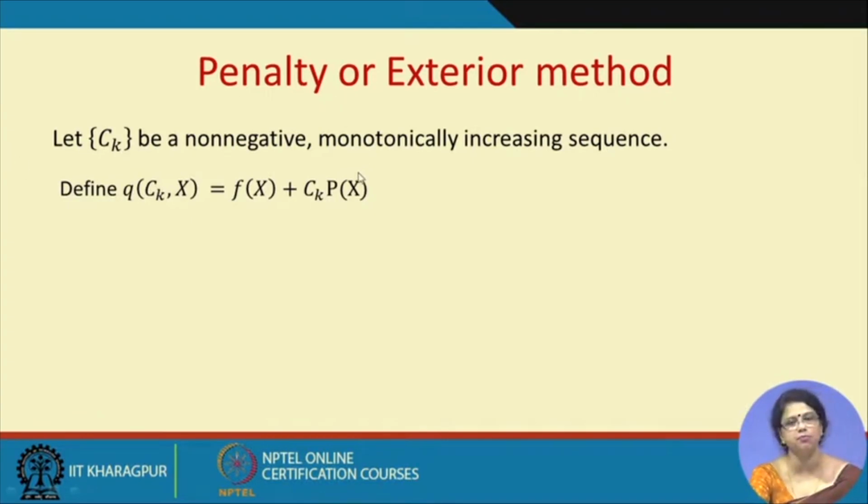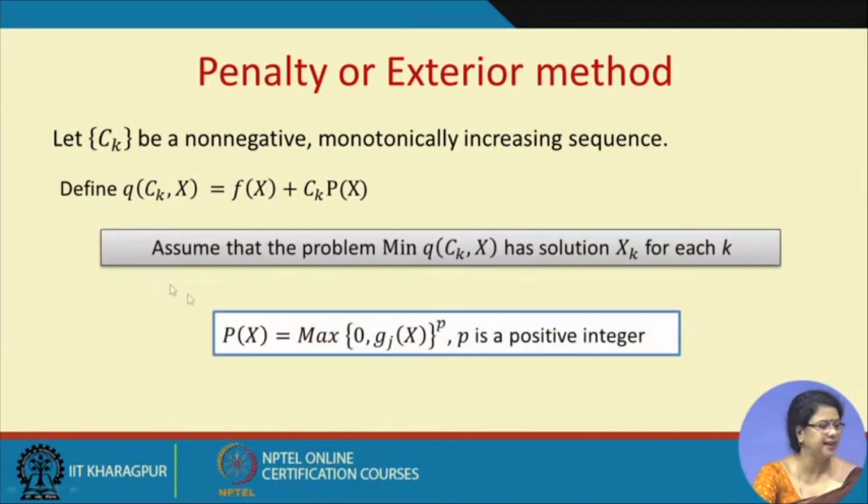From the name it is very clear that for the exterior penalty function method we have to start from outside of the feasible space. That is why k should be a very low value. If this is the case, then the problem will be minimization of q, where xk is the optimal solution for each k, and where the penalty function can be considered in this way, p is a positive integer.